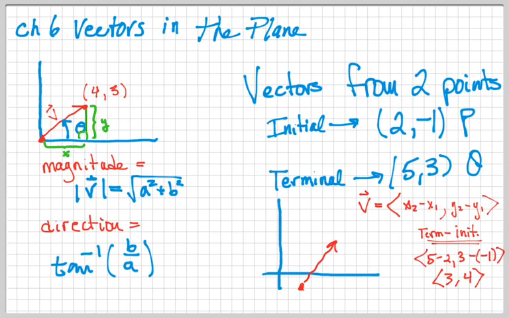If you take that apart and you look at it on the coordinate plane, that's 3. That's 4. Why don't we just do that? You're not always given a picture. In fact, you will most likely not be given a picture.